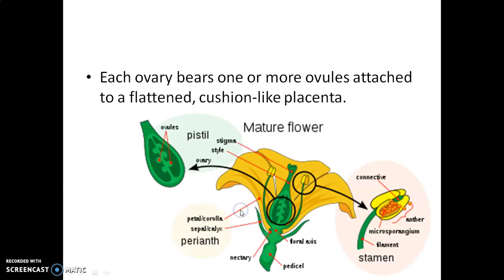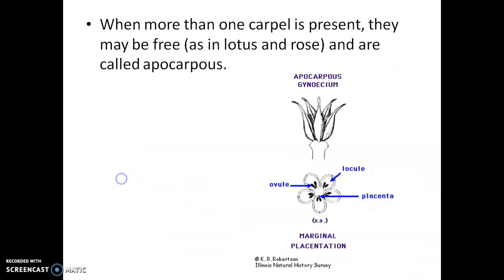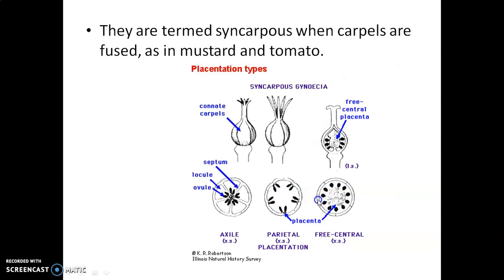where we can see the presence of ovules. Each ovary bears one or more ovules attached to a flattened cushion-like placenta. Like the human placenta, here also there is presence of placenta. Then when more than one carpel is present, they may be free, and this condition is known as apocarpous. Clear?